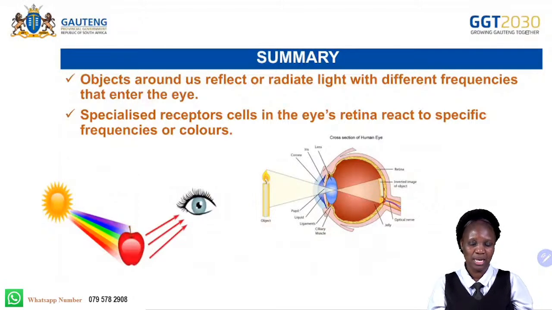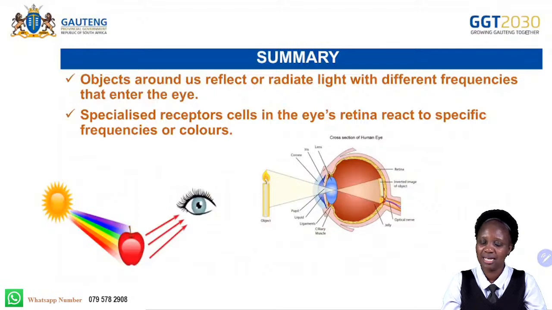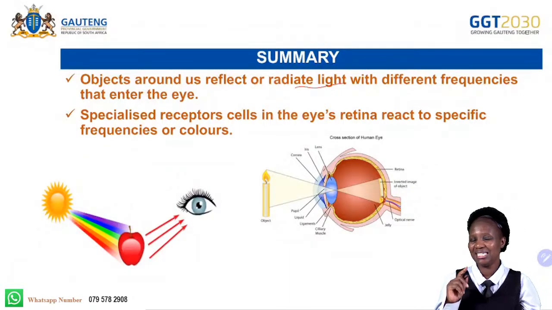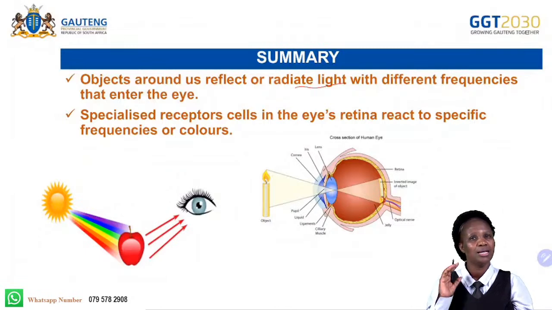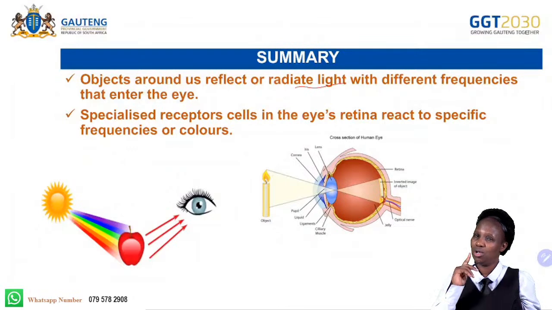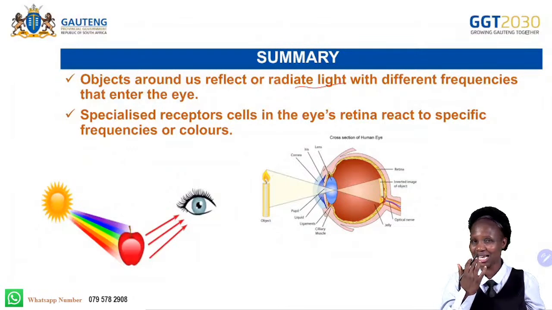All right. Summary. Objects around us reflect or radiate light with different frequencies that enter the eye. Remember, we only see the different objects or different colors when light enters our eyes.